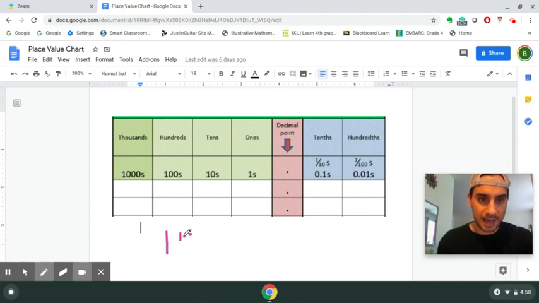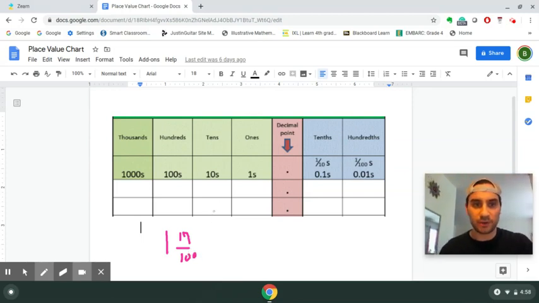1 and 17 hundredths. If you don't have a place value chart in front of you, I want you to create your own very quickly. Remember, you're going to have to create a horizontal line. Let's do it just like this. We'll put our decimal point there.